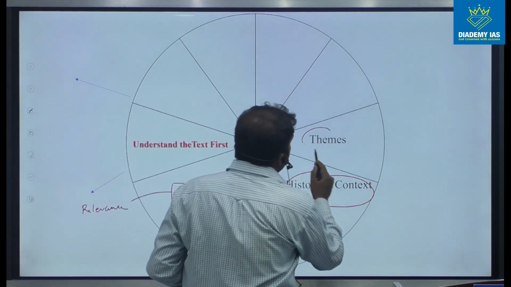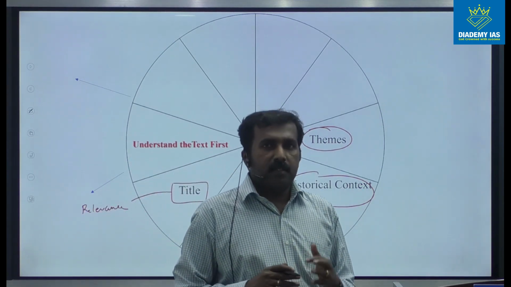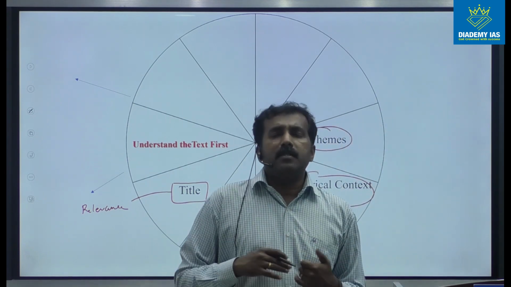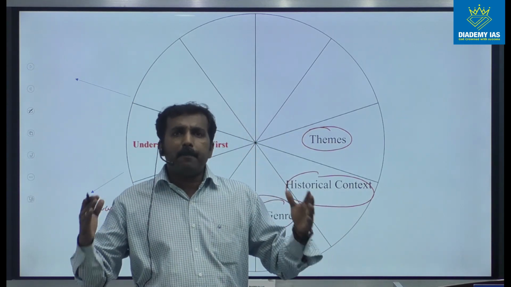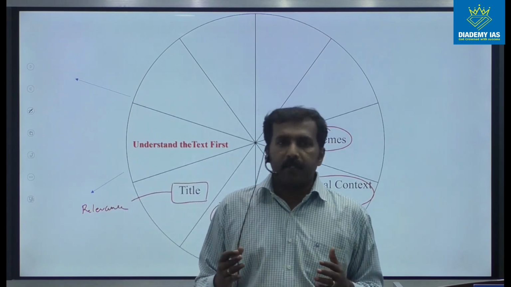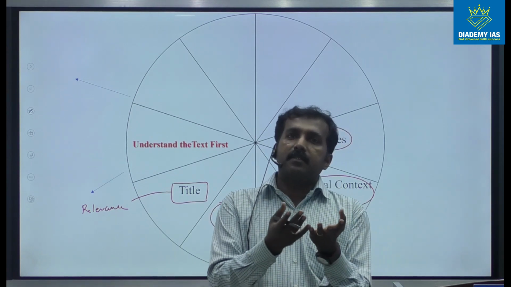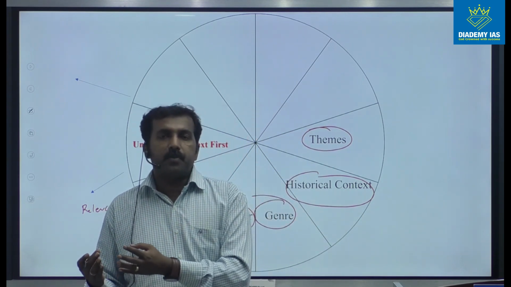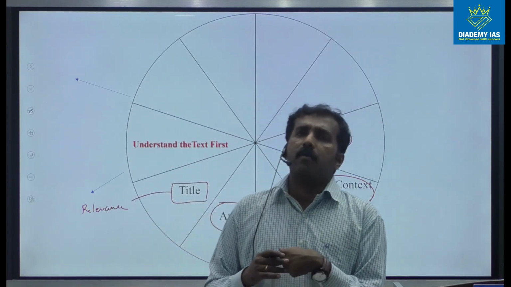And the next one is theme. Theme of the literary work: theme of the poem, theme of the drama, theme of the novel. What is theme? We can say theme is all about the story, or the storyline, of a particular literary work. The theme of Doll's House, for example.